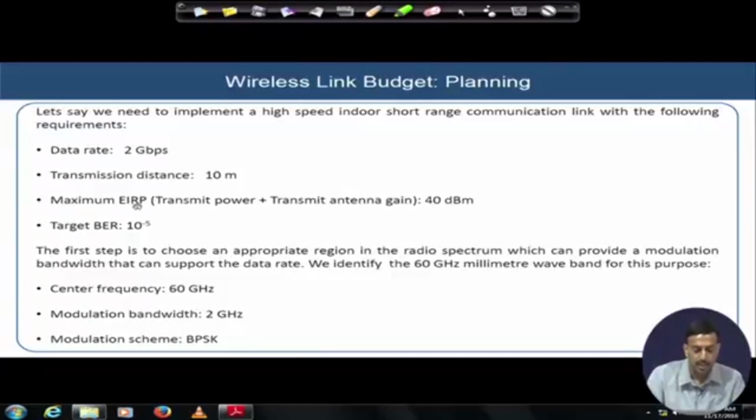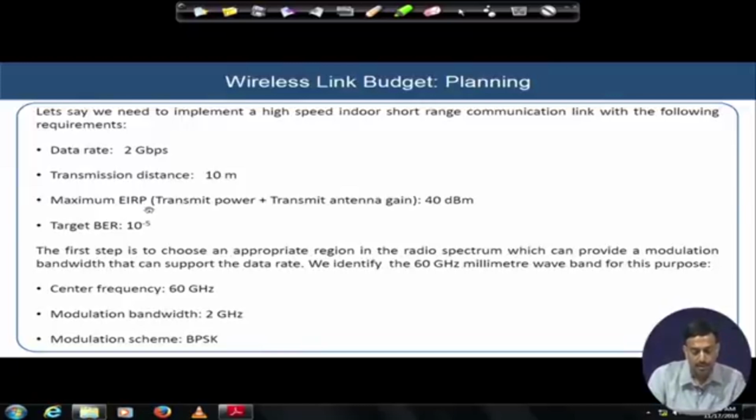The maximum EIRP, that is the effective isotropic radiated power, is a quantity that is usually mandated by the regulatory authorities depending on the region in the world.